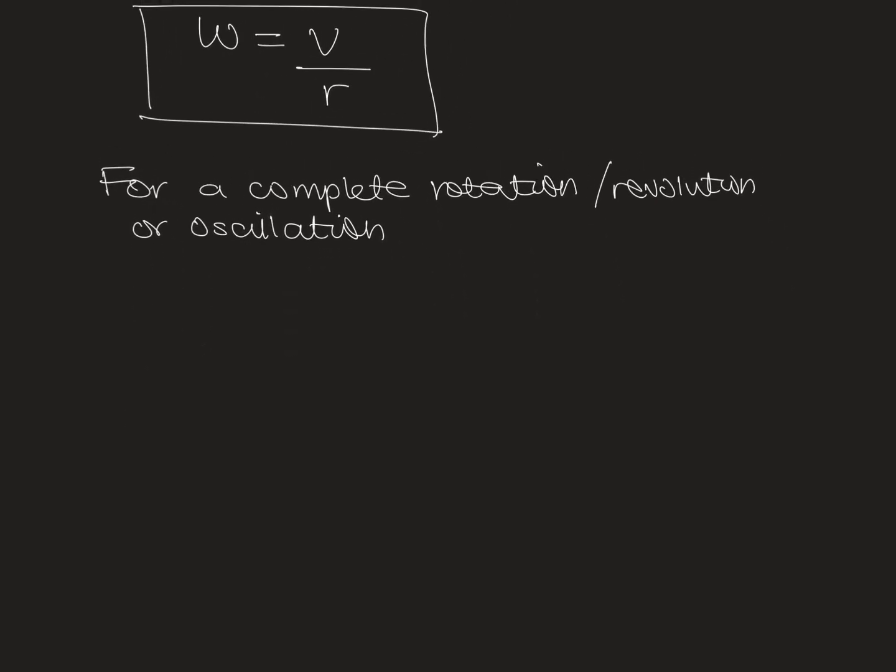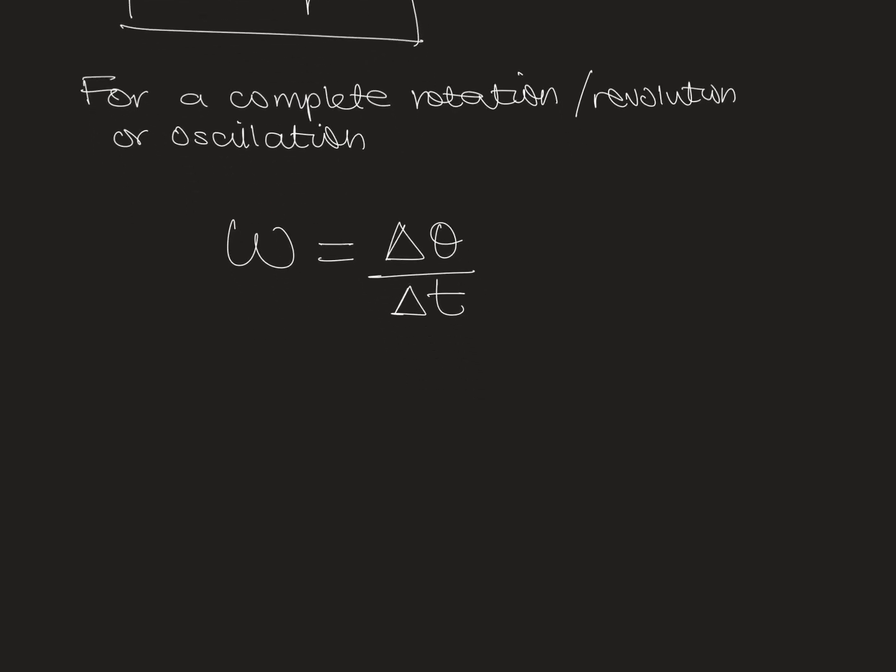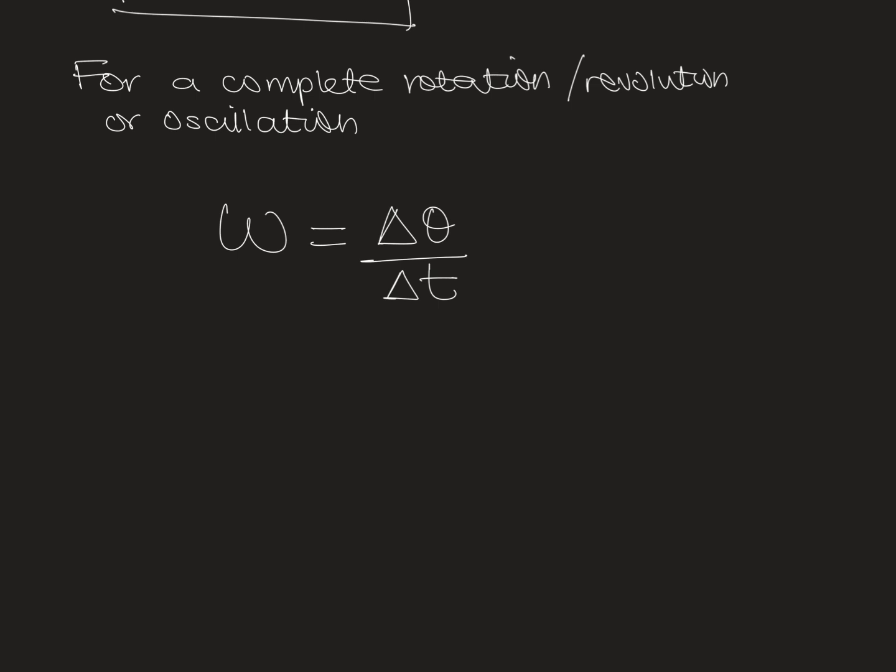Again, going back to the definition of angular velocity, we said that angular velocity is the change in the displacement divided by the change in time, right? So if the object performs a complete rotation, let me bring in a diagram to help us visualize what we're trying to talk about here.